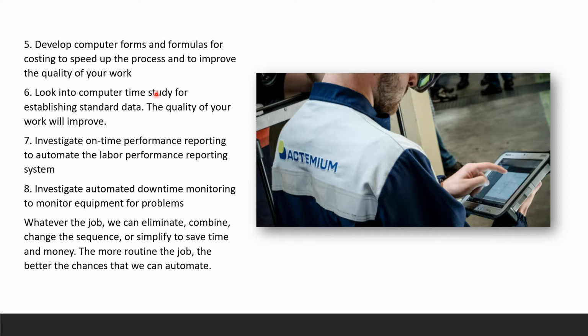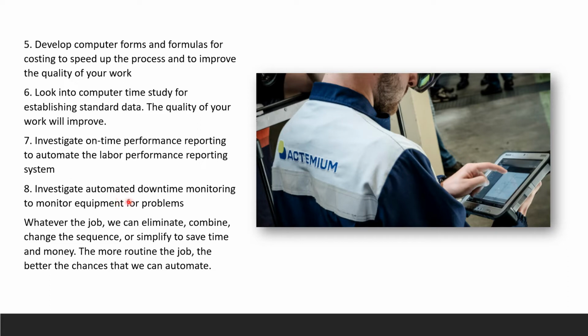You can also develop computer formulas for costing to speed up the process and to improve the quality of your work. Look into computer time study for establishing standard data. Again, the quality of your work will improve. Investigate on time performance reporting to automate the labor performance reporting systems.